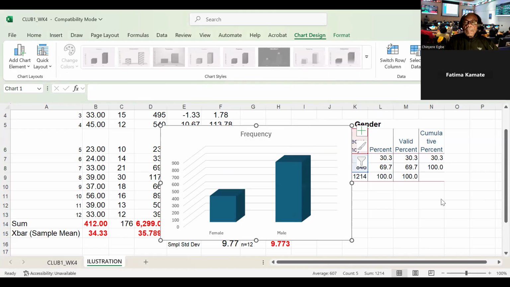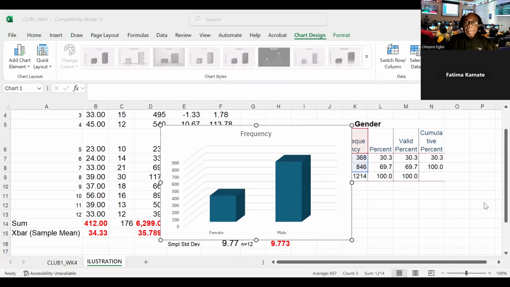Do you see the chart in the Excel file? Yes, I can see the chart. Okay. So I created a chart out of it. You can now cut this chart and paste it into an MS Word file. So it makes life easier for you rather than trying to create a frequency distribution and a chart from Excel. So much easier. All right.